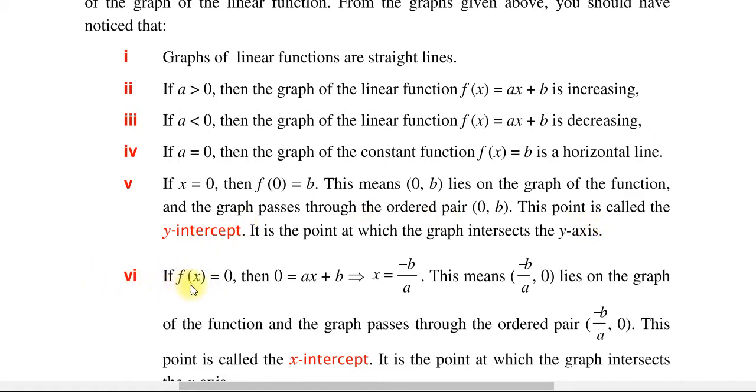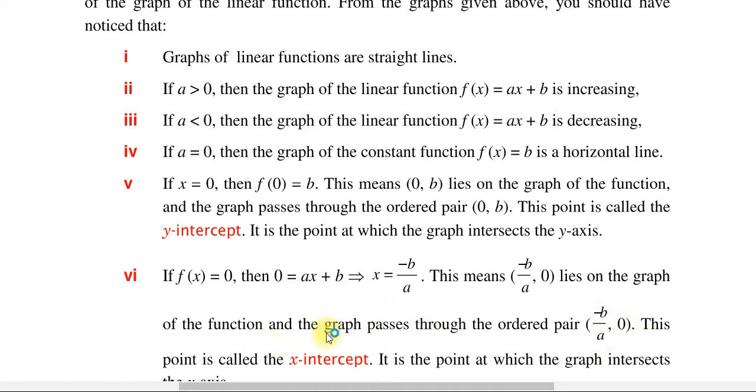Also, if f of x is equal to 0, then 0 is equal to ax plus b. That means x is equal to negative b over a. This means (negative b over a, 0) lies on the graph of the function and the graph passes through the ordered pair (negative b over a, 0).